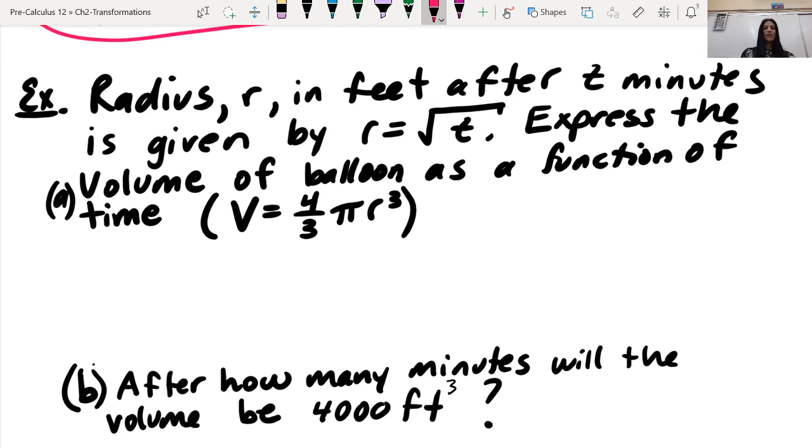In case you've forgotten, because I get that a lot of you probably have, here is the formula to refresh your memory for the volume of a balloon. You should probably know that, but I find most people don't. So if you don't, I'm happy to share that with you on a quiz or a test or whatever we have going on. But we're going to use it, so I'm sure you'll have it memorized or you'll know it.